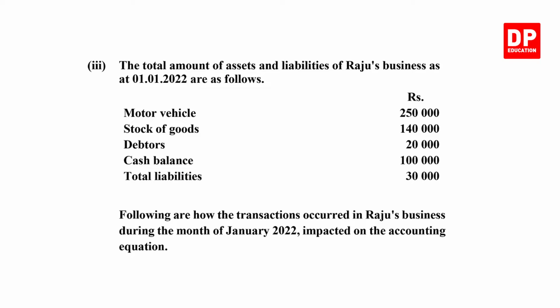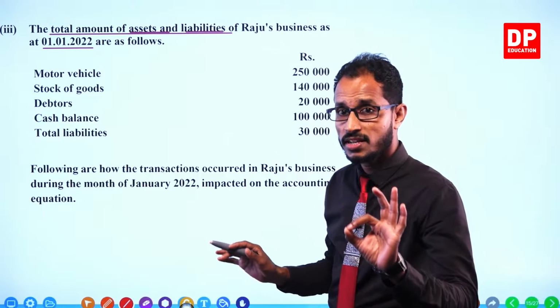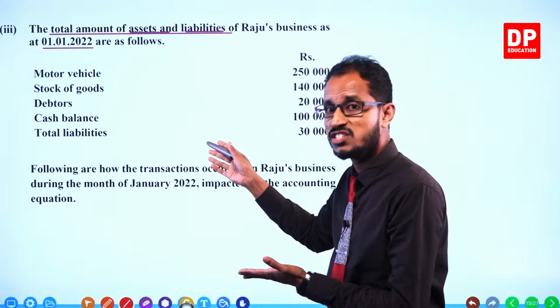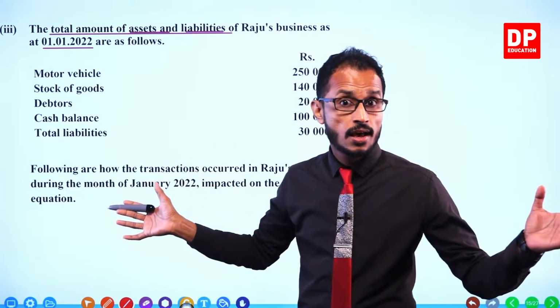The total amount of assets and liabilities of Raju's business, 1st January 2022, given below. Okay, 1st January, which means, children, these are the opening balances. No doubt about that. 1st January, beginning of the month, if they have given balances, those are opening balances.